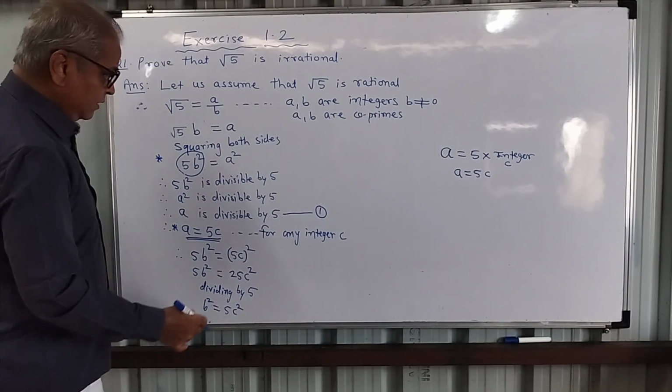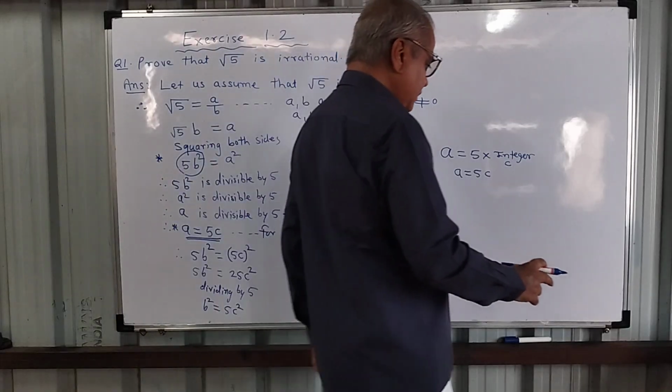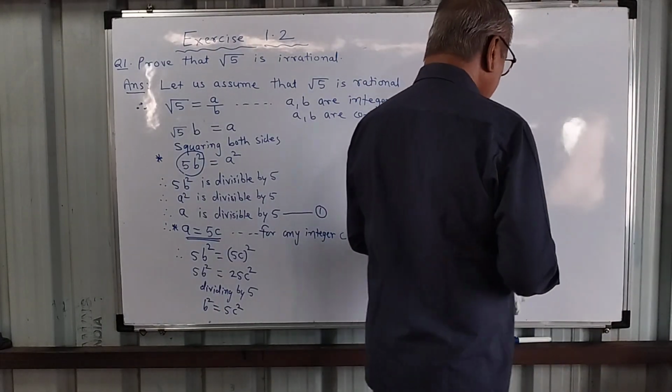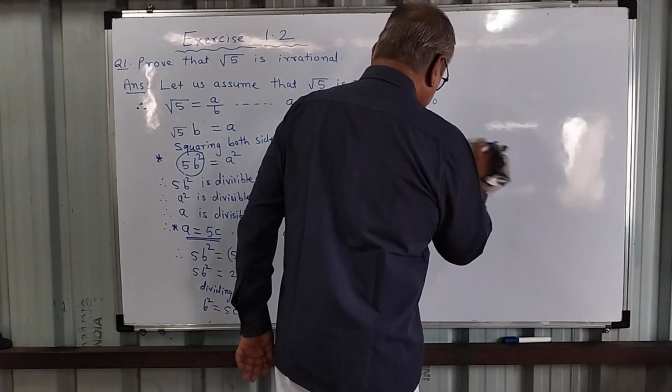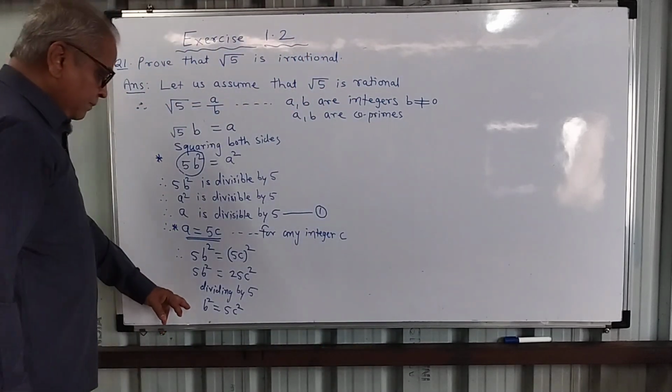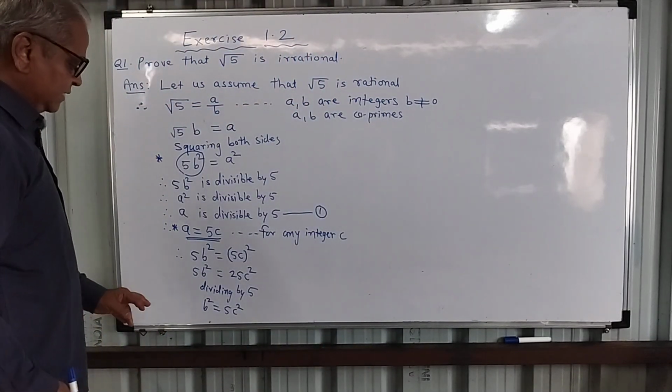5c square. Now look at this last step. We have arrived at b square is equals to 5c square.